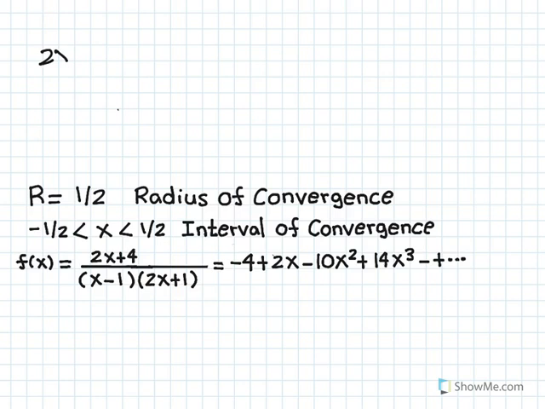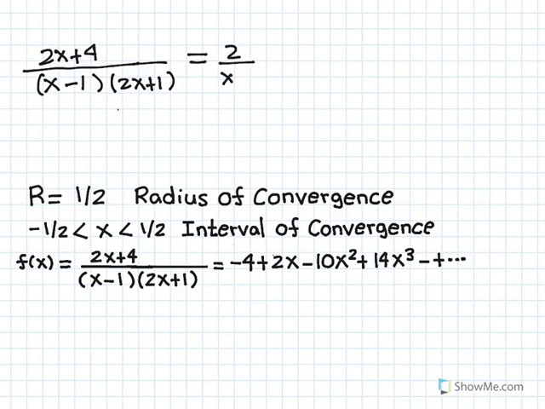So (2x plus 4) divided by (x minus 1)(2x plus 1), this is the question that we had in the beginning. We were given this fraction, and we applied partial fraction decomposition, and we wrote it as a sum of two geometric series. This is equal to 2 divided by x minus 1 minus 2 divided by 2x plus 1.